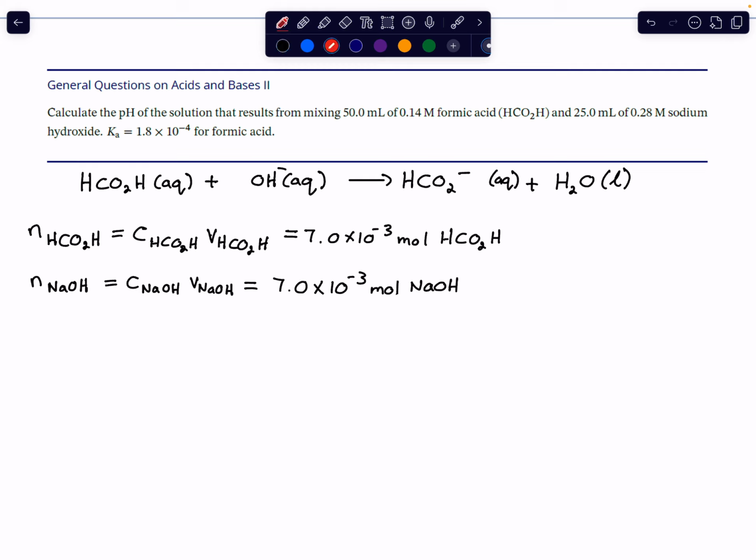All right, so because this is a one-to-one reaction, it means there is no limiting reactant, and there's no excess reactant as well.